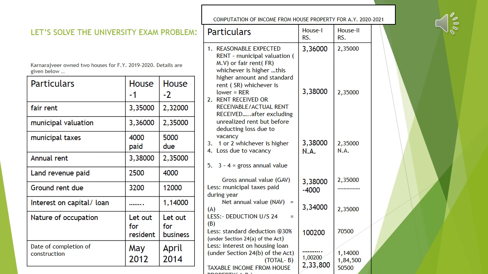If you minus deductions under section 24 from the net annual value, you will get taxable income from house property. A minus B is equal to taxable income from house property. So for house first, 2,33,800, and for house second, 50,500 is the taxable income from house property.